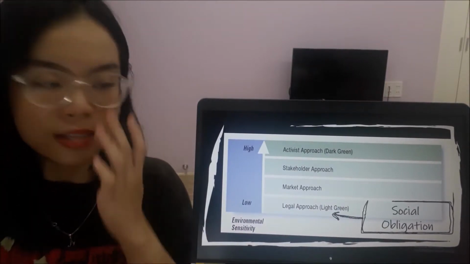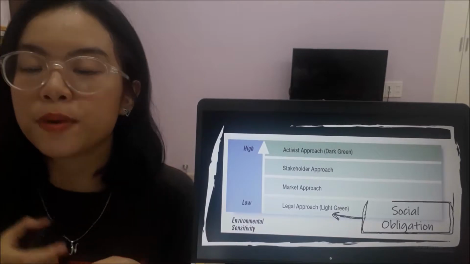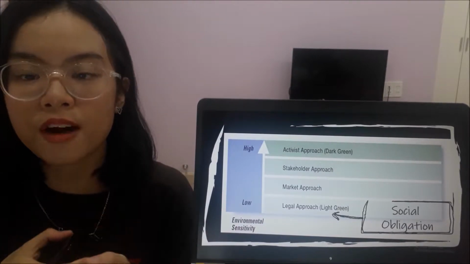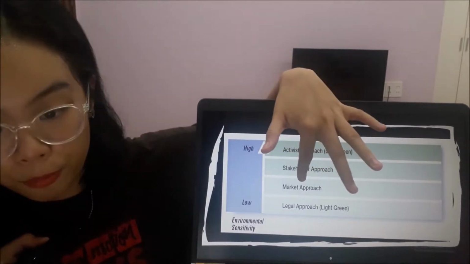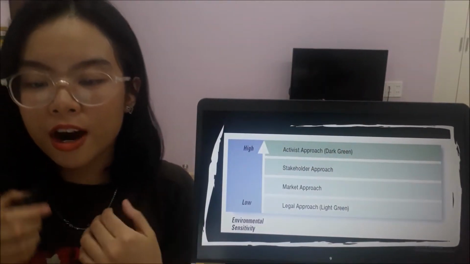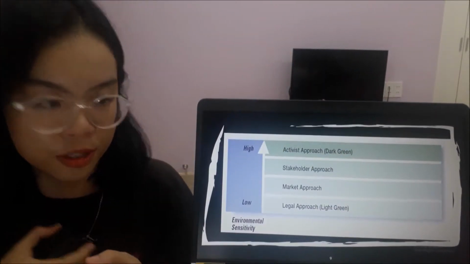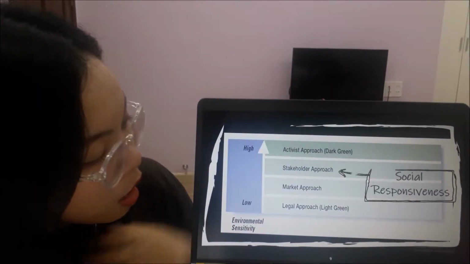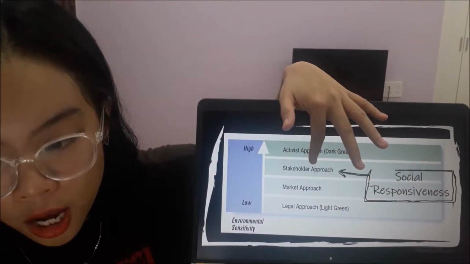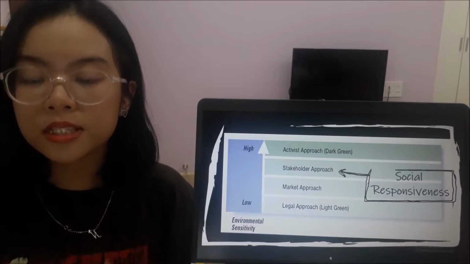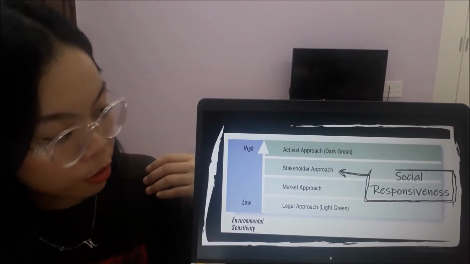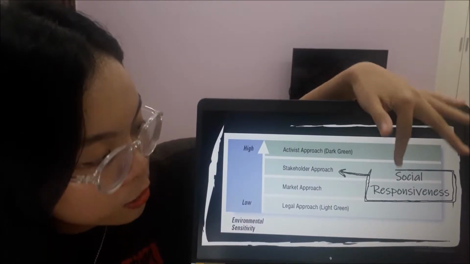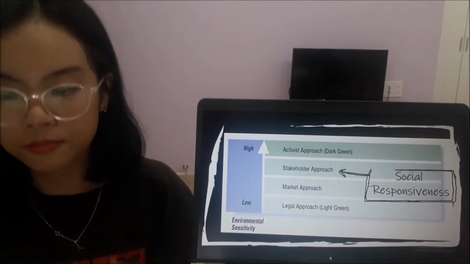And then as an organization becomes more sensitive to environmental issues, it may adopt the market approach and respond to the environmental preferences of customers. Then in the stakeholder approach, an organization works to meet the environmental demands of multiple stakeholders, and this illustrates social responsiveness.